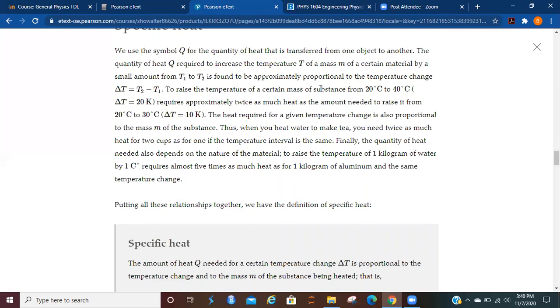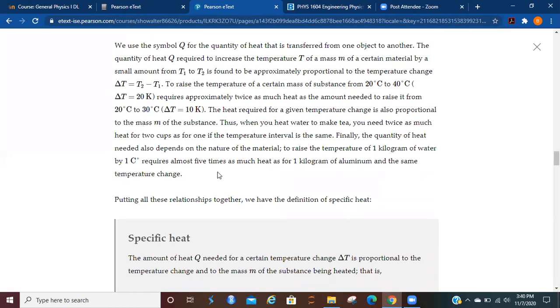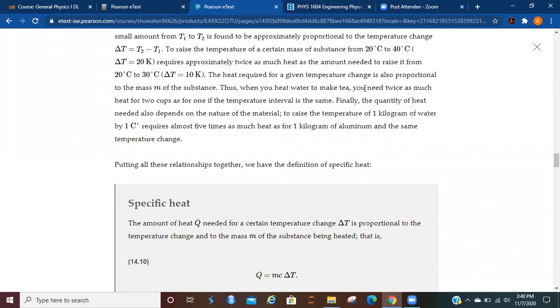So to raise the temperature of a certain mass of a substance from 20 degrees Celsius to 40 degrees requires approximately twice as much heat as the amount needed to raise it from 20 to 30. The heat required for a given temperature change is also proportional to the mass m of the substance. Thus, when you heat water to make tea, you need twice as much heat for 2 cups as for 1 if the temperature interval is the same.